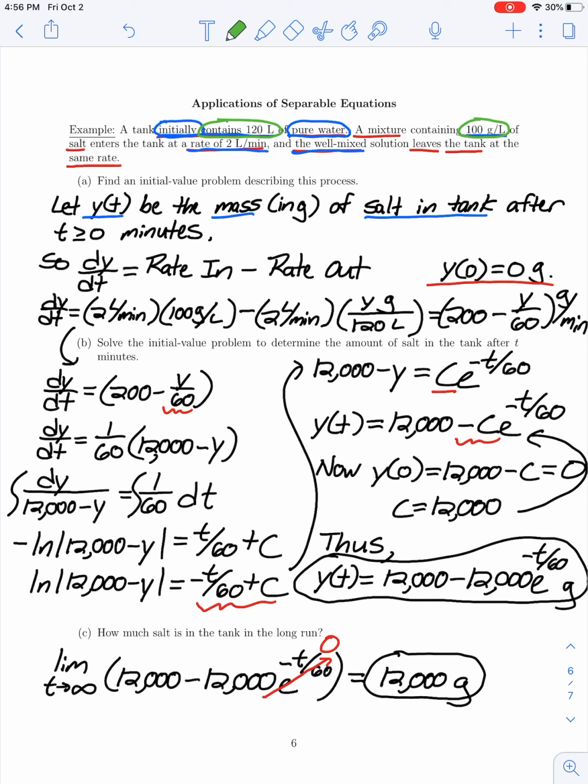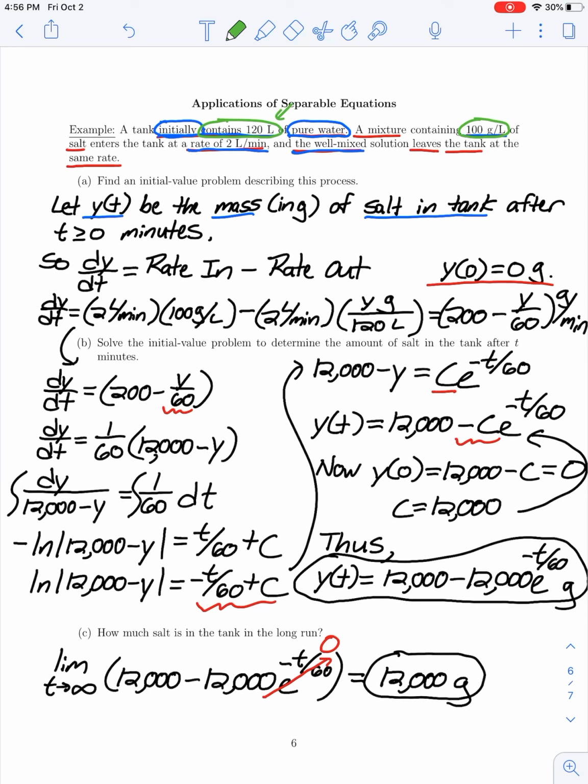And this solution is flowing out of the tank at some rate. So eventually, in the long run, after enough time has passed, there will only be this salt concentration left in the tank. Any of the pure water that we had will have been mixed with this salt concentration and flown out of our tank. So let's think about the amount of salt that we would be left with.